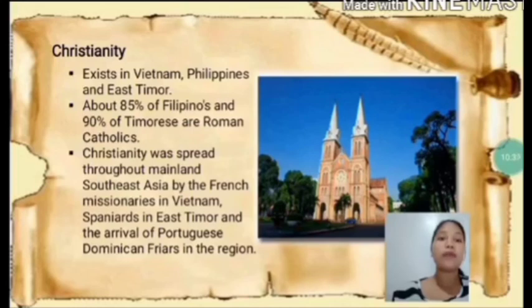Christianity was spread throughout mainland Southeast Asia by the French missionaries in Vietnam, Spaniards in the Philippines, and the arrival of Portuguese Dominican friars in the region. The Filipinos were easily convinced by the Spaniards to convert to Christianity because it offered a more structured belief system with no centralized power.